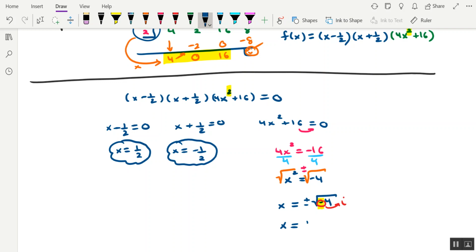And the square root of 4 is 2, so it looks like the other two answers for x are going to be non-real. So in this section, since they only want the real zeros, we're only going to keep x equals 1/2 and x equals -1/2 as our answers. So let me make a list, real zeros, and that'll consist of the fractions 1/2 and -1/2.